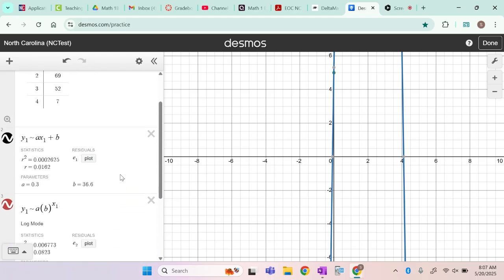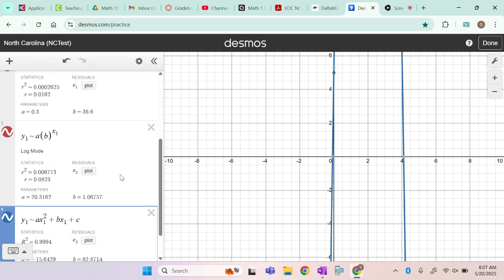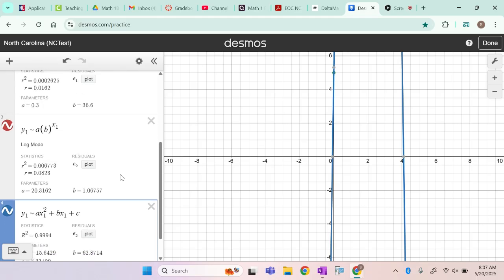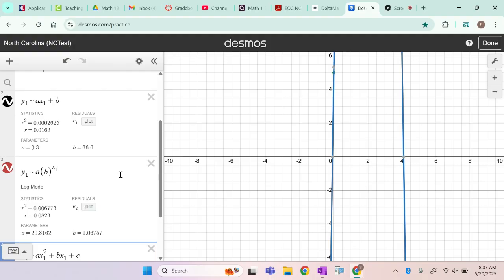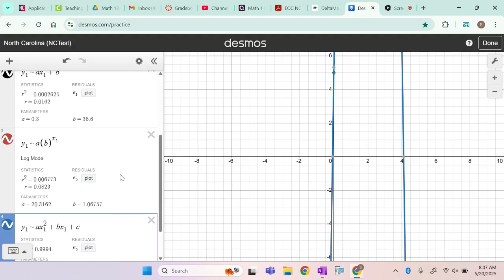And again, the reason I typed all three in at once is so I can compare them to figure out which one's the best fit. So take a minute, put all of those in right now. Again, don't forget, you've got to type the 1 after the x's as well as the y. If you don't type it after the x's, it won't work.